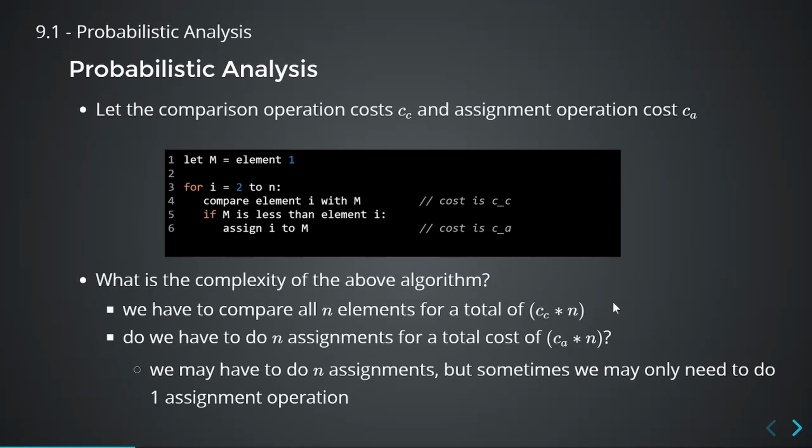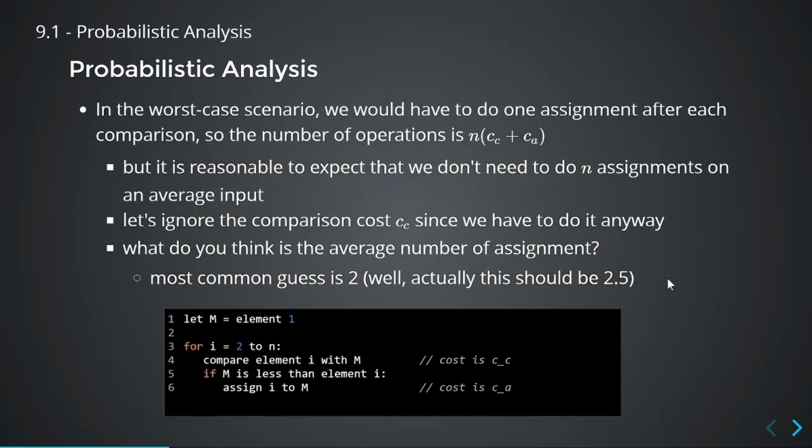But for assignments, do you have to do n assignments? We may have to do an assignment, but sometimes we only have to do one assignment operation. What if the first element is actually the largest one? You'll be doing a lot of comparisons, but you will never actually modify m because m is already the largest element. But in the worst case scenario, you may have to do one assignment after each comparison.